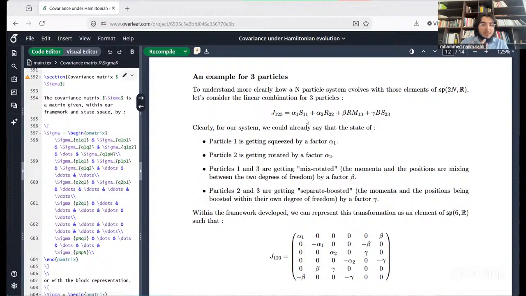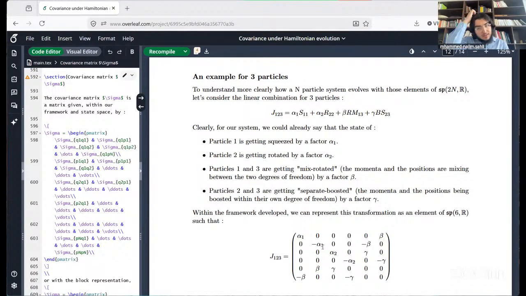And how can we see it clearly in the matrix? We can see the first block, the block correlating the first degree of freedom with the first degree of freedom. The transformation occurring here is given by the squeezing element that we gave just before.